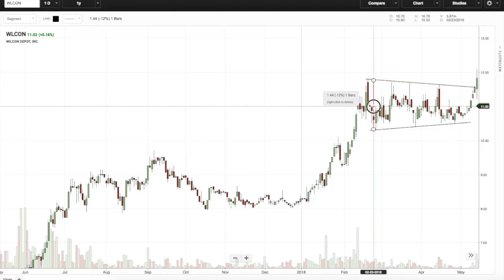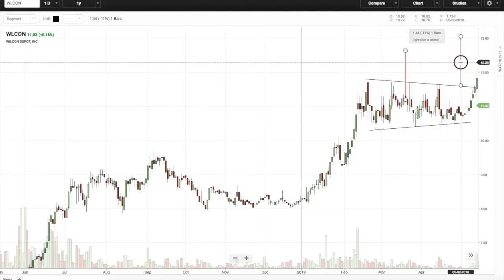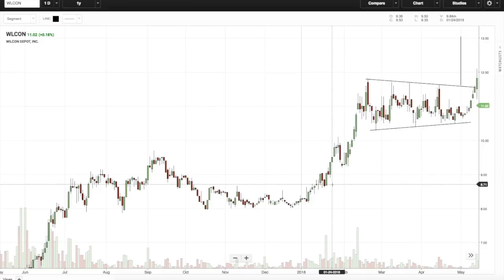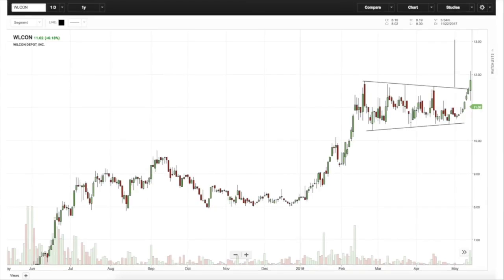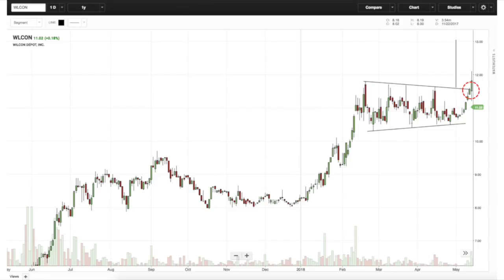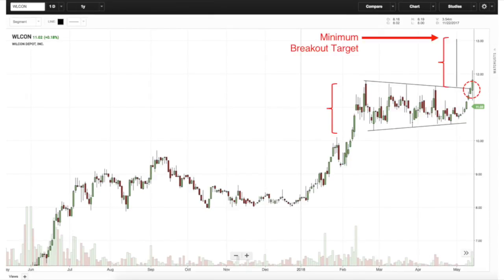So when you're dealing with durations in time, the reason why it's easier relative to durations in price is because once you're able to buy a breakout like this, you can easily take the size of the box and put that on top of the breakout point. Why? Because that size will represent your minimum breakout target.